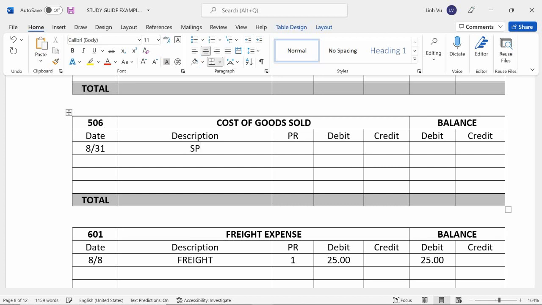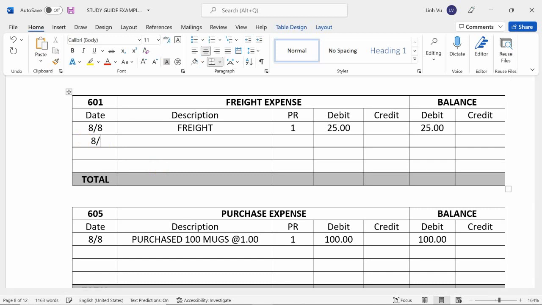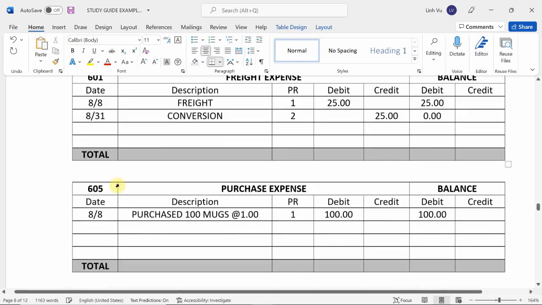I sold 82 mugs, which gave me a total cost of $102.50. I need to zero out my freight expense because I did my conversion, which zeroed out my account here.